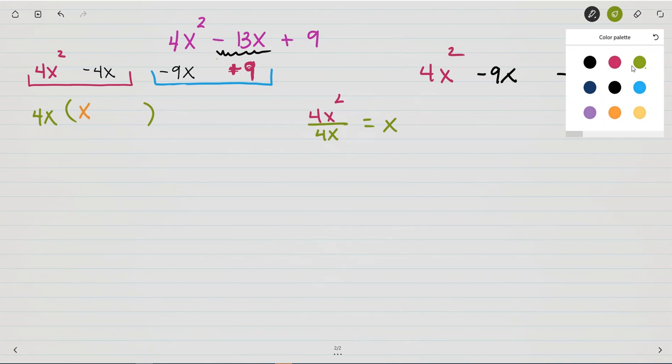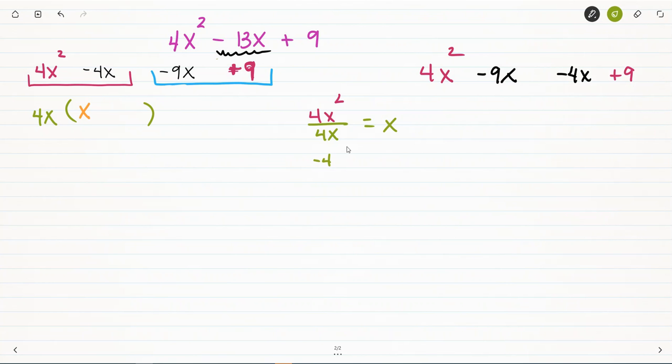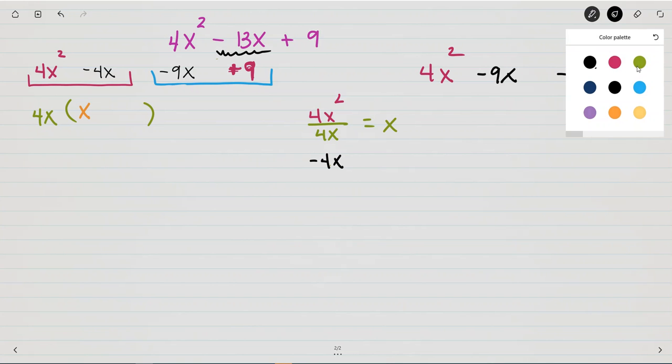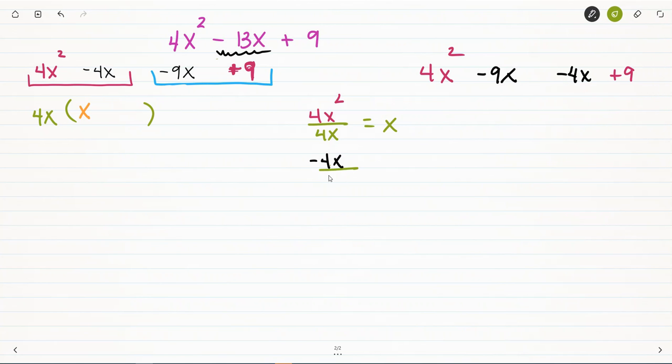And then I'll take this negative 4x. Let me keep it consistent with the color so that you can see where everything's coming from. This negative 4x, if I divide that negative 4x divided by 4x, I get a negative 1. So we have an x and then a minus 1.